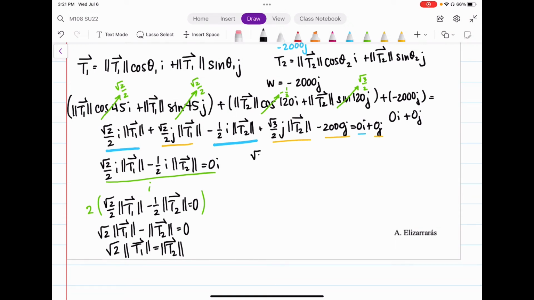We get the square root of 2 over 2 j times the magnitude of T1 plus the square root of 3 over 2 j times the magnitude of T2 minus 2000 j equals 0j. I can divide through by j as I did with the i's.